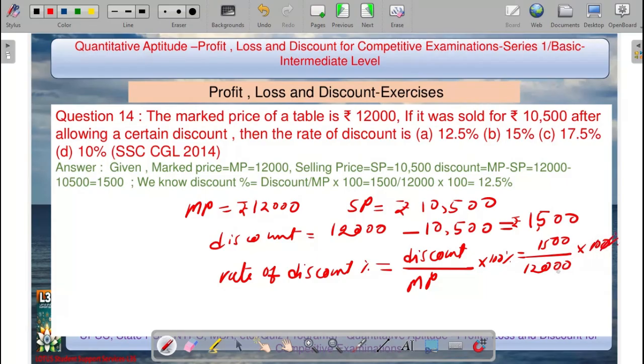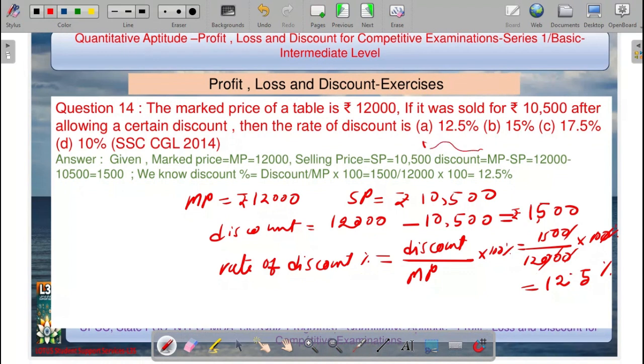So simplify it. 12.5%. That will be the answer here.